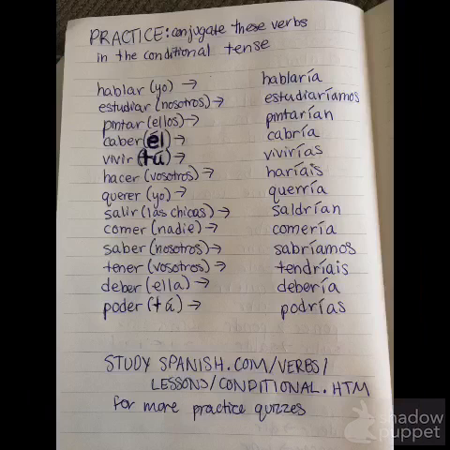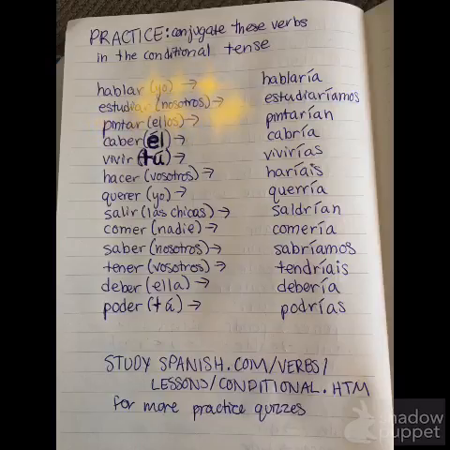Okay, so for hablar in the yo form, it is hablaría. You just add the new ending directly onto the infinitive. For estudiar in the nosotros form, it's estudiaríamos.